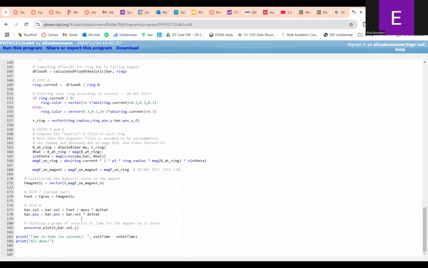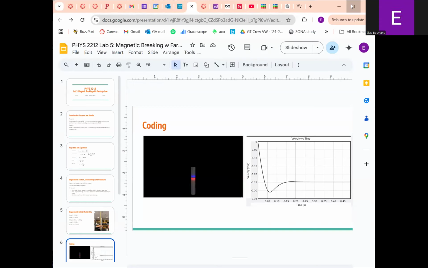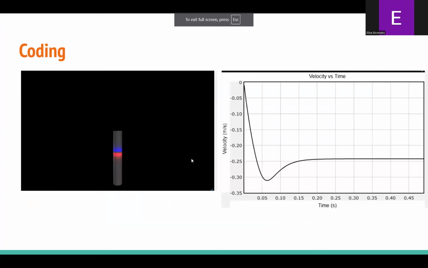And then down here, this is the rest of the code. And then if we go back up here, we get the rest of our coding, that's done, and this is the velocity versus time graph that's made.